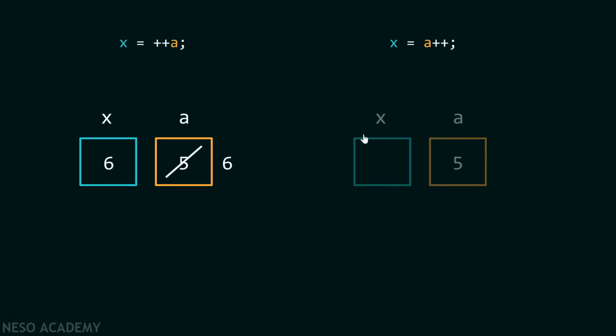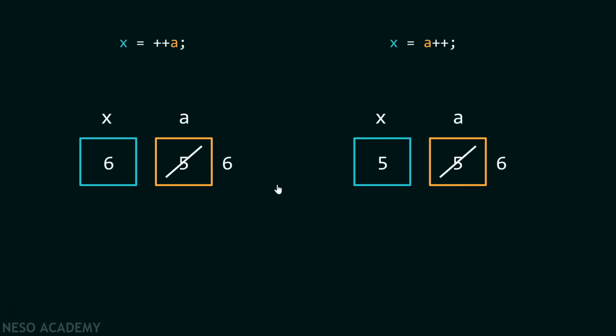On the other hand, in the case of post-increment, we are first assigning the value to another variable. Here in this case, the value of a is 5. After assignment, this variable also contains the value 5, and then it will increment the value. This means now a is incremented to 6. If you note one thing, here also we are incrementing the value of a, and here also we are incrementing the value of a.